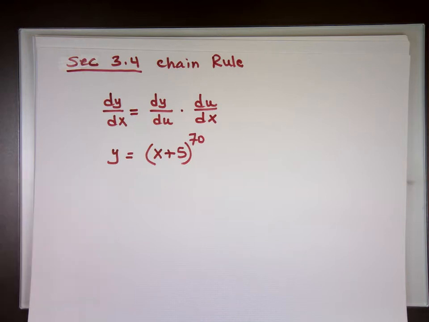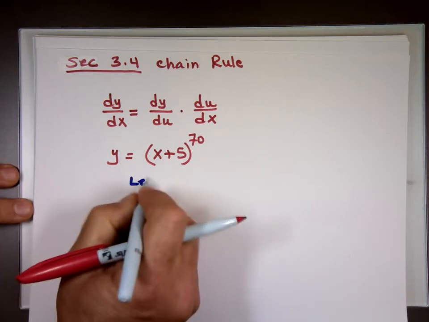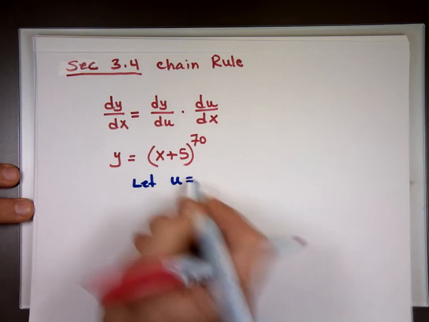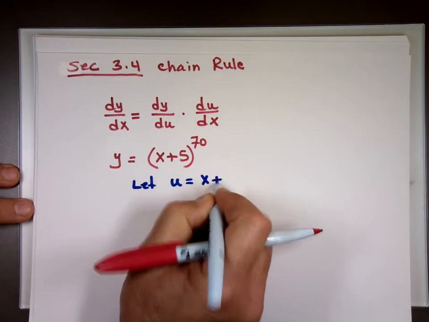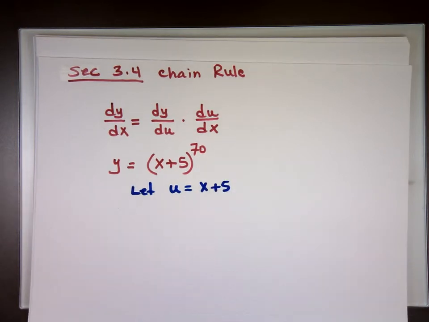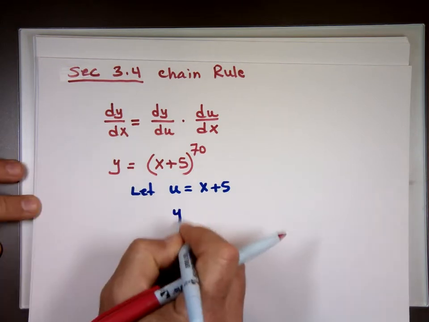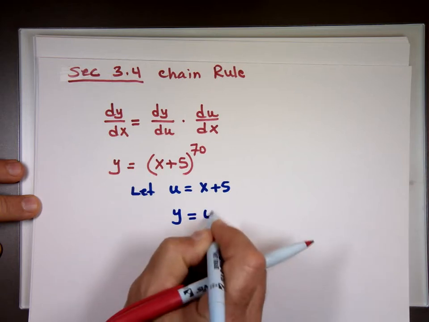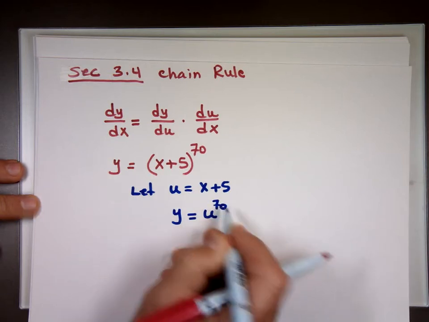So it looks like we can't do it, but if we use the chain rule, we should be able to. How? Let me create a new variable, call it u. Let u equal x plus 5. So now you can write y as what? u to the power of 70.